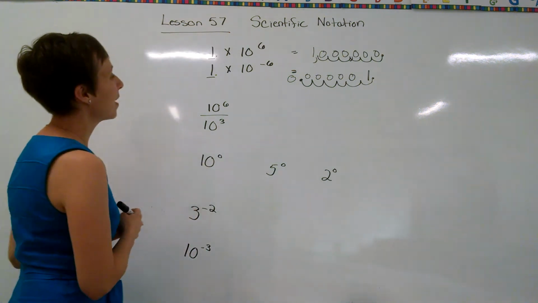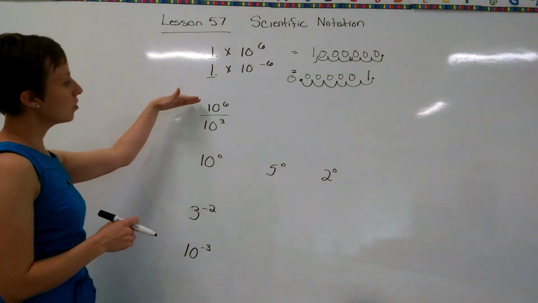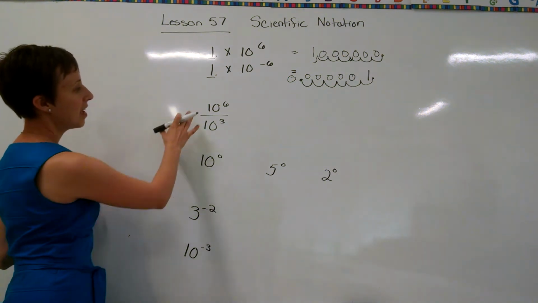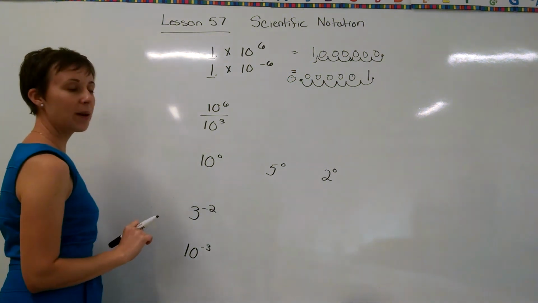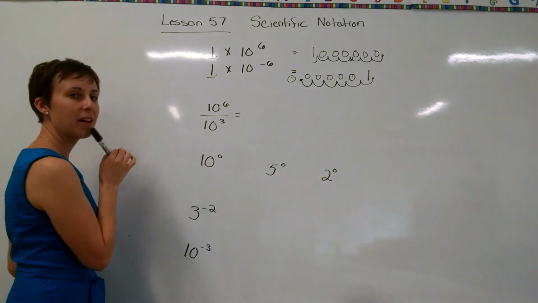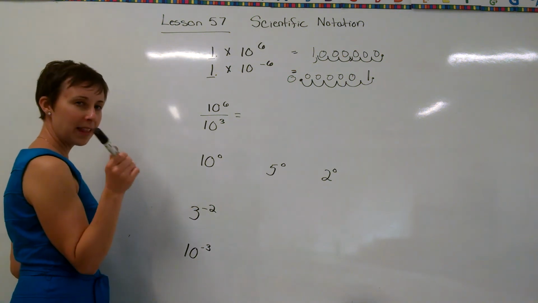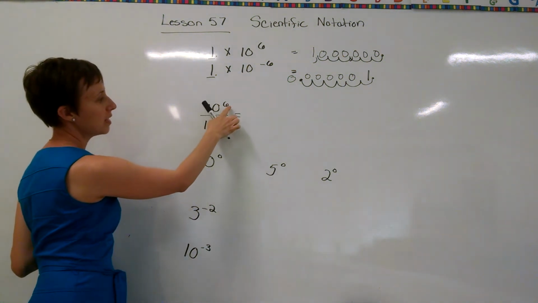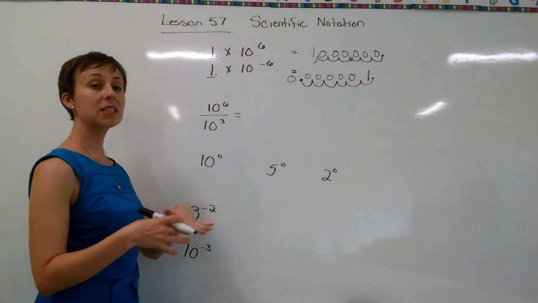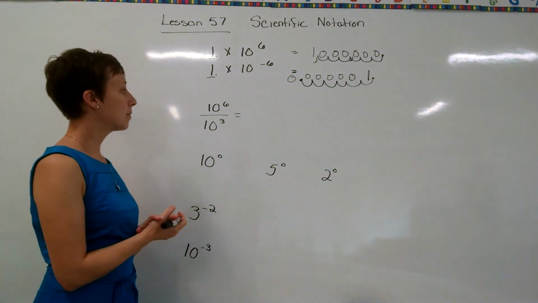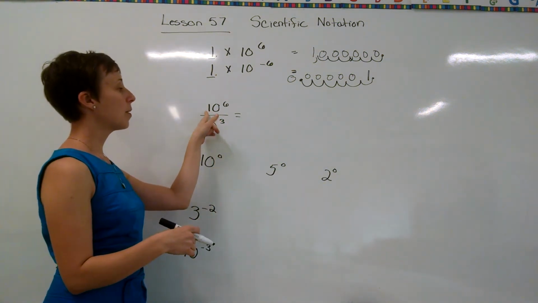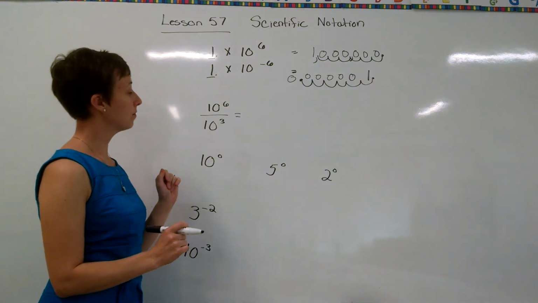Let's play with our numbers a little bit. What if I have 2 exponents and they're divided by each other? 10 to the 6th divided by 10 to the 3rd. How would I find an answer? I want to make my life easy. Let's look at what these mean. I remember that an exponent means that I'm multiplying the number times itself that many times. Here I'm multiplying 10 by itself 6 times.